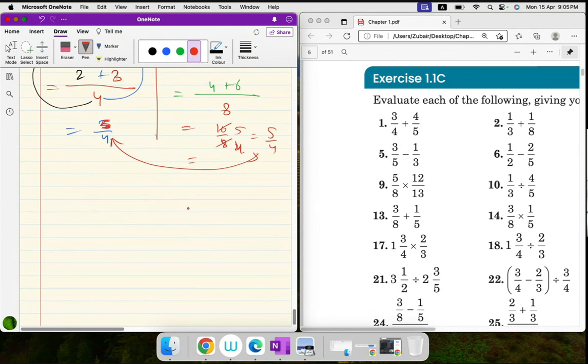Let's try subtraction. 3 by 5 minus 1 by 3. Use any method.